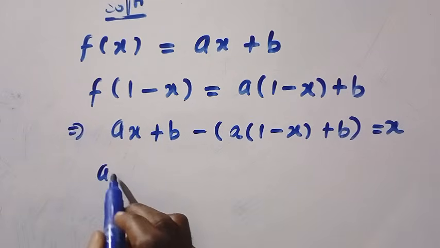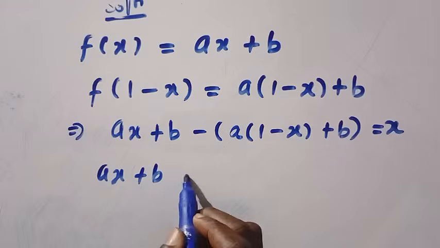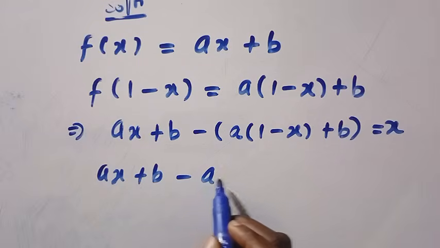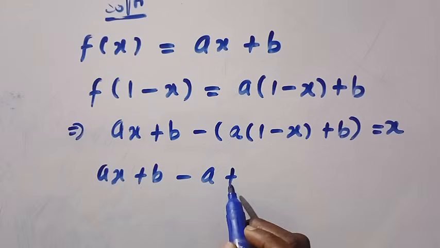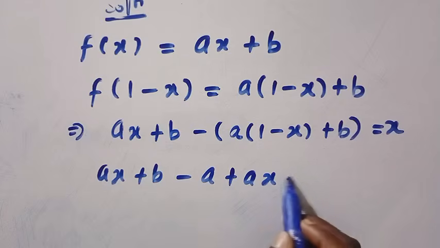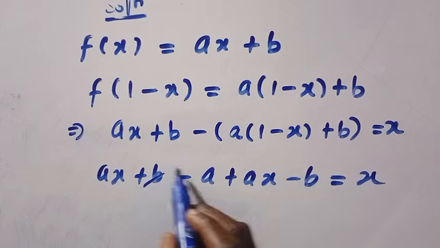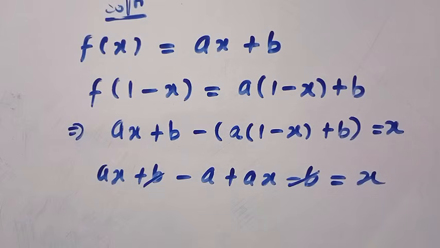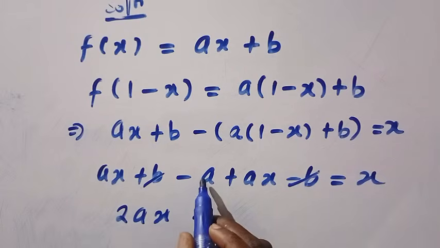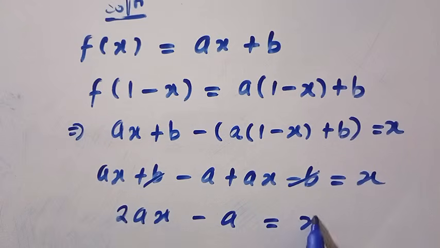So here we have ax plus b minus a plus ax minus b equals x. And with this, b cancels b. Adding ax plus ax, we have 2ax, then minus a equals x.